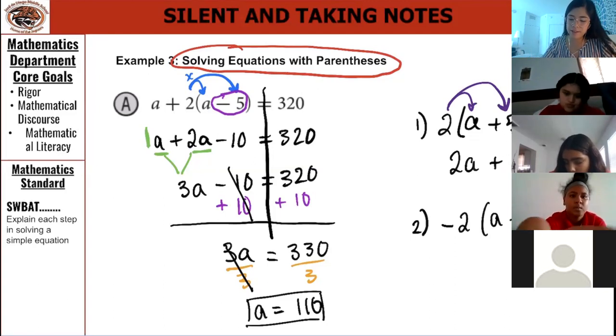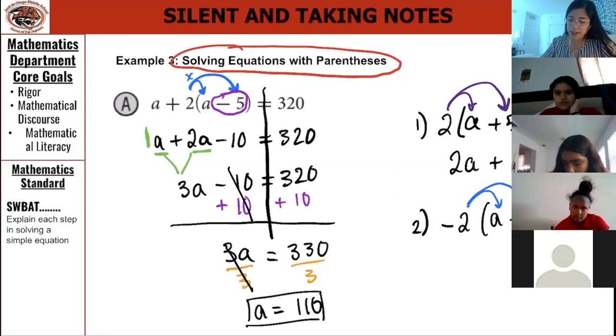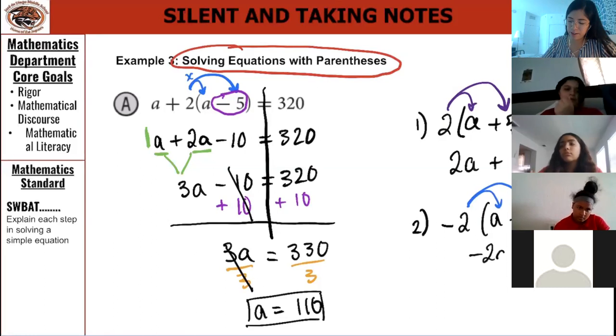Well, in that case, what is going to happen when you do a negative times a negative? Okay. It becomes a positive, I think. It becomes a positive. So negative 2 times a, so the first one is negative 2a, but then negative 2 times negative 5, since I have 2 minus signs, this is going to turn into a positive. So it would be negative 2a plus 10.